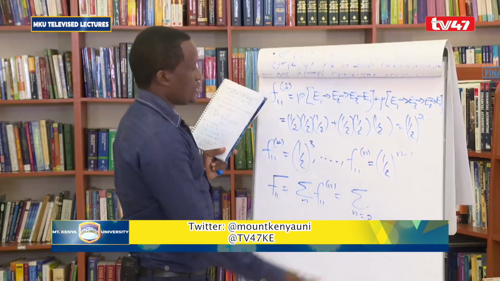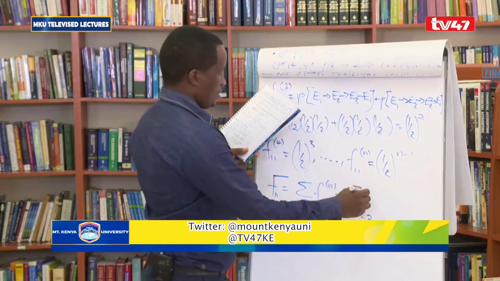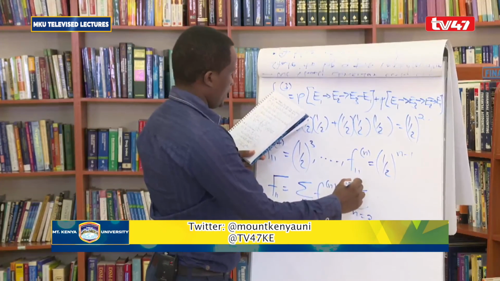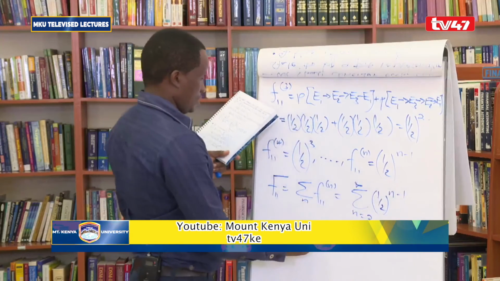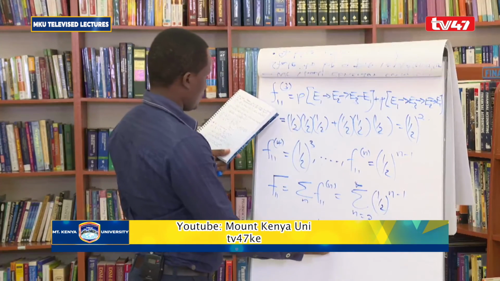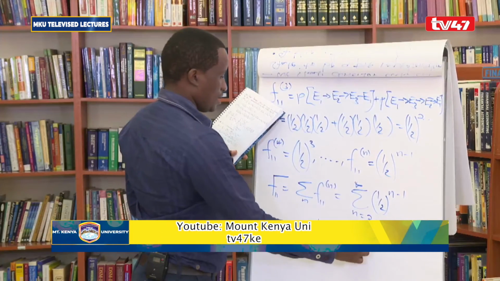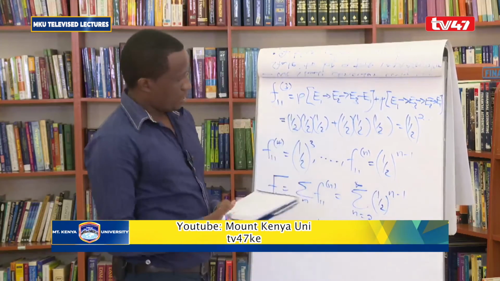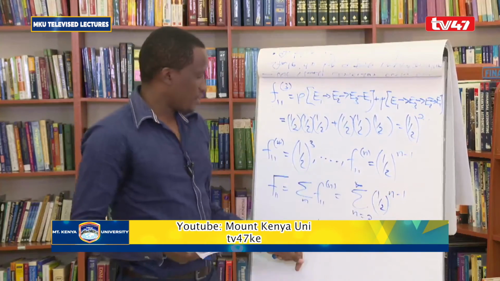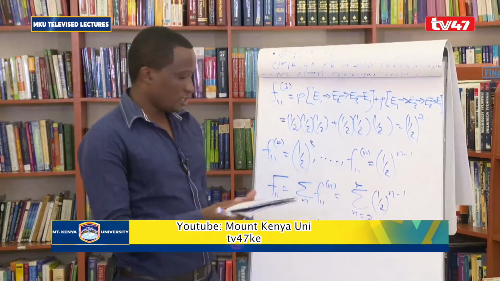We don't want to start from 1, so that doesn't become 0 here. Then the sum to infinity of a half to the power n minus 1 is actually equal to a half plus a half squared plus a half cubed plus all the way to infinity. If I replace n with 2, the first term becomes a half, 3 becomes squared, 4 becomes cubed.